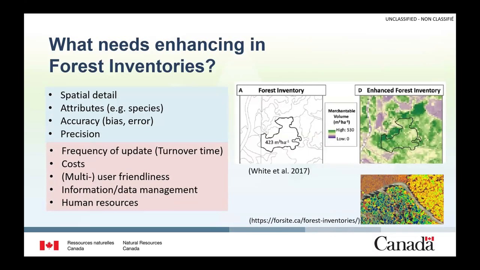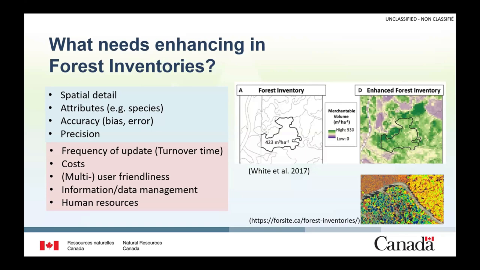Since then, we've been enhancing these, where now our EFIs are moving from a polygonal level of detail to a sub-stand spatial resolution, often at the 400 square meter cell resolution when you're using an area-based approach, or even finer resolution when you're using individual tree approaches, as you can see on the right and the bottom right.